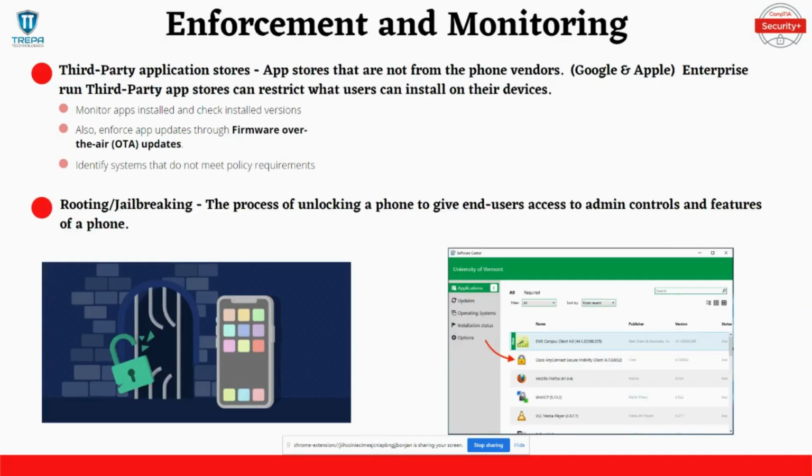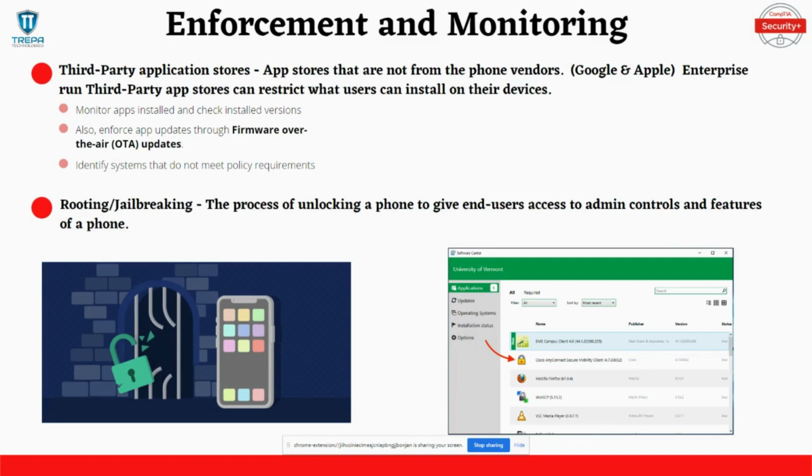And then we have enforcement and monitoring. So sometimes an organization will restrict users from using the phone vendor's app store, so the Apple App Store or the Google Play Store, right? And instead implement a third-party application store that the company will provide.